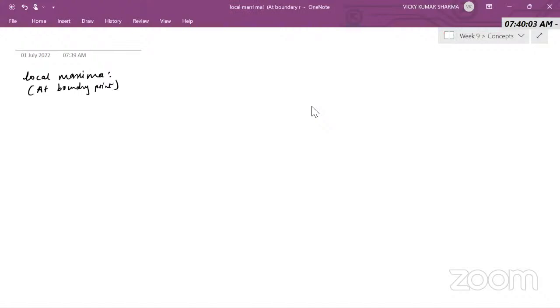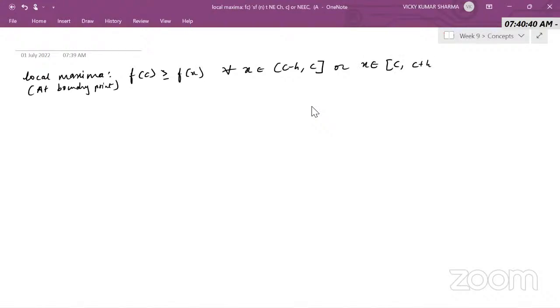So what is the definition at a boundary point? All these things are there in your lecture, but I'm giving you more examples so that you can understand this better. Here again, if f of c is local maxima, f of c has to be greater than or equal to f of x for all x belonging to c minus h to c, or x belonging to c comma c plus h.